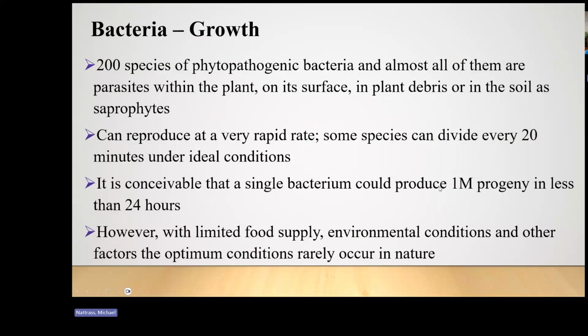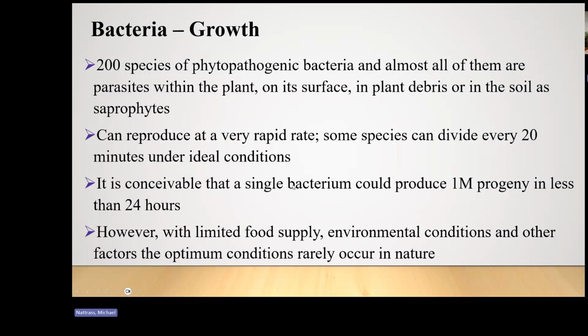Now let's scale that up. Because they're very small, microscopic, you can produce almost a million of these in 24 hours. In one week, we've now got 7 million. And then in a month, you've got 28 million of these bacteria.